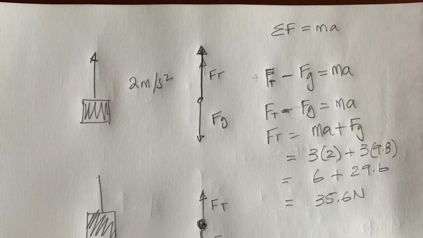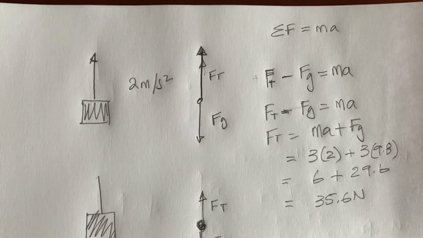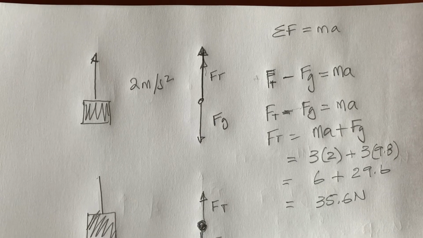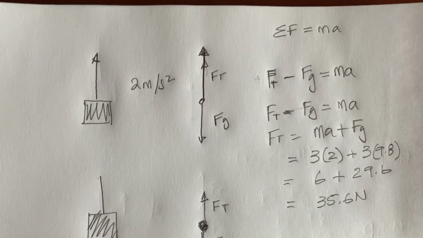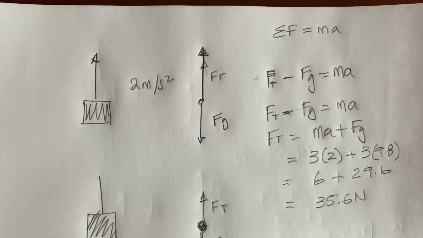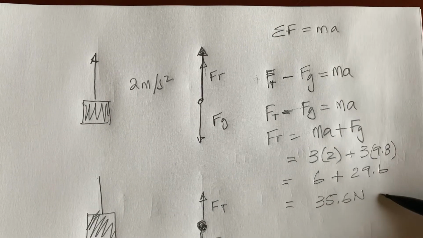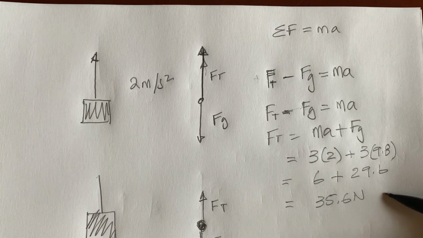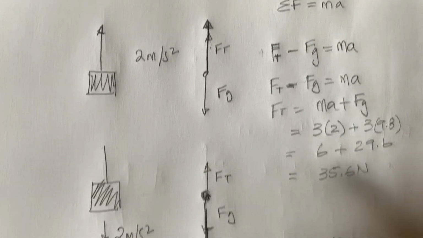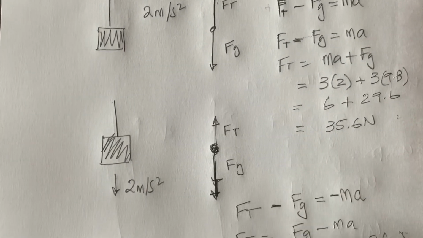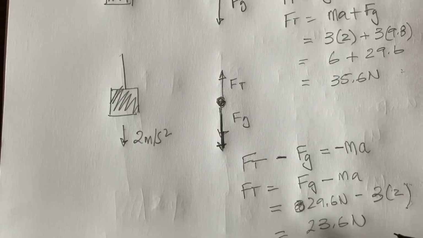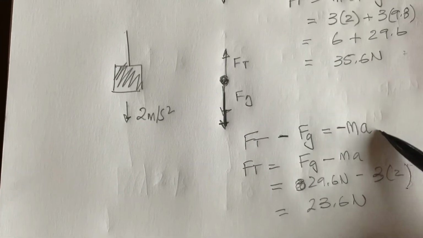So that becomes 29.6 minus 6 newtons, and that gives me 23.6 newtons. So now we notice that accelerating it upwards increases the tension, when accelerating it downwards, I'm sorry, you didn't see all of this writing that I did up here.